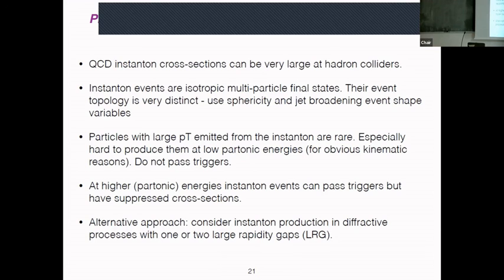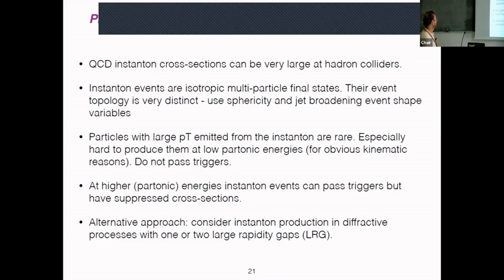So essentially, in order to make progress with how to discover the instantons that exist in future hadron colliders, if we ever get future hadron colliders, we need to consider alternative triggering processes in the final state.